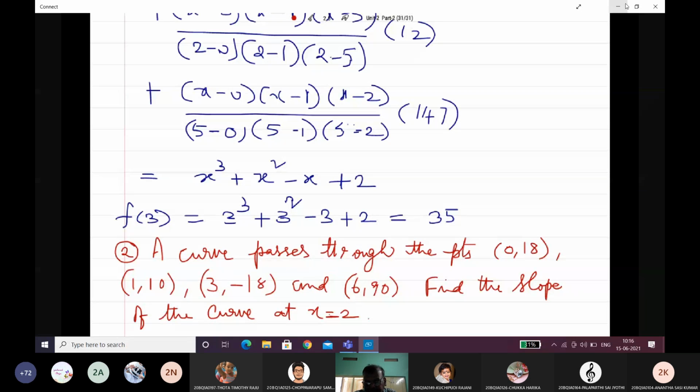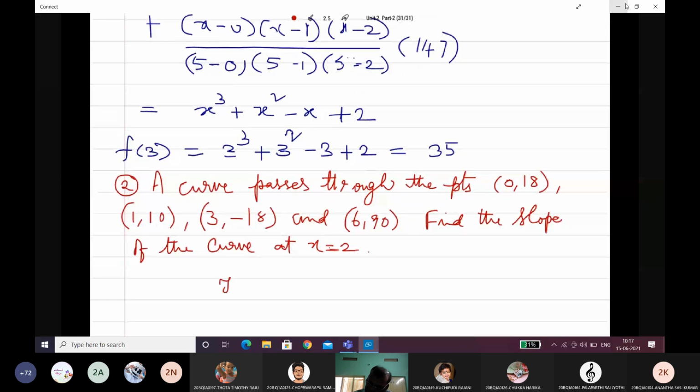What is its slope? Anyone please? Please tell me.